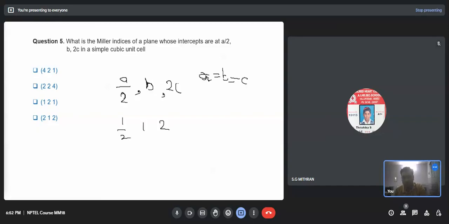Now I'm taking the reciprocal of this. Now multiplying the denominator with the numerator.